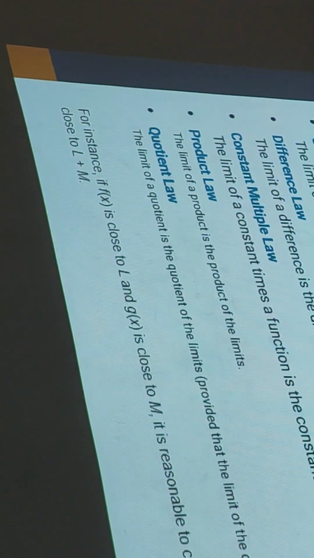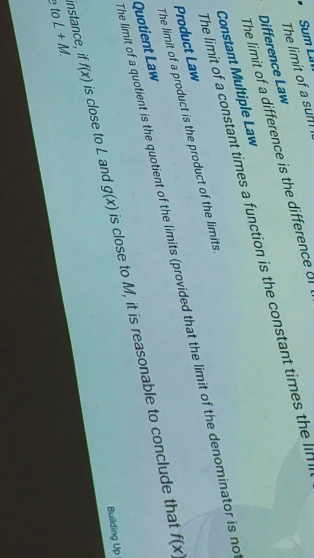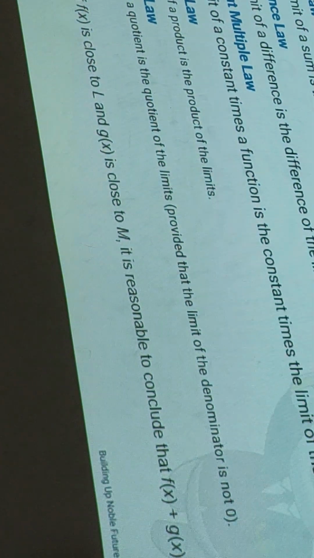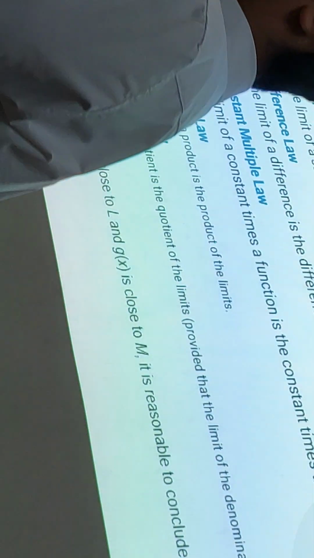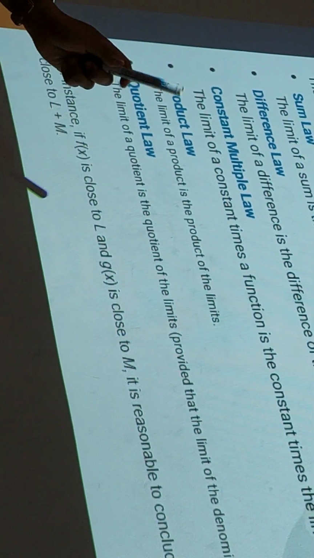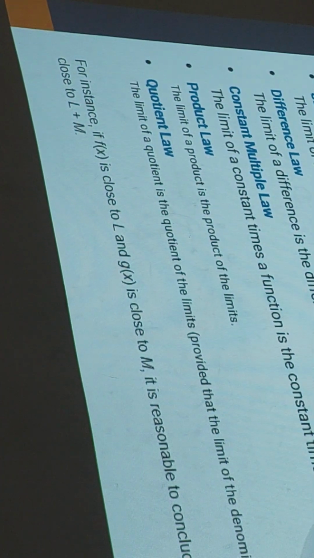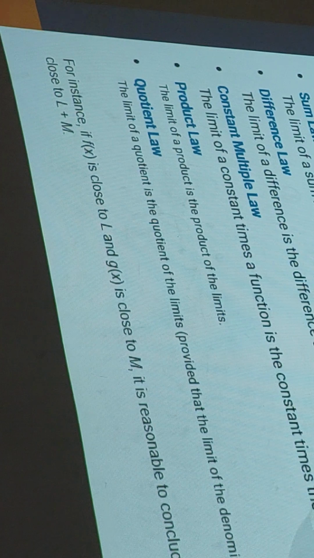And then the last one is the quotient law. The limit of a quotient is the quotient of the limits, provided that the limit of the denominator is not 0. So if you have this kind of quotient, you need to make sure the denominator is not equal to 0.